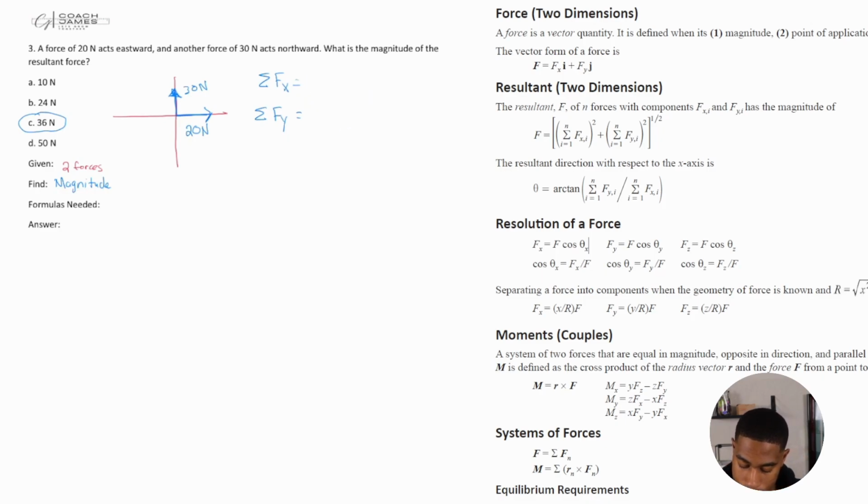Let's say, for example, you have these two forces acting just how they are, and then we add a force that is coming down like this.